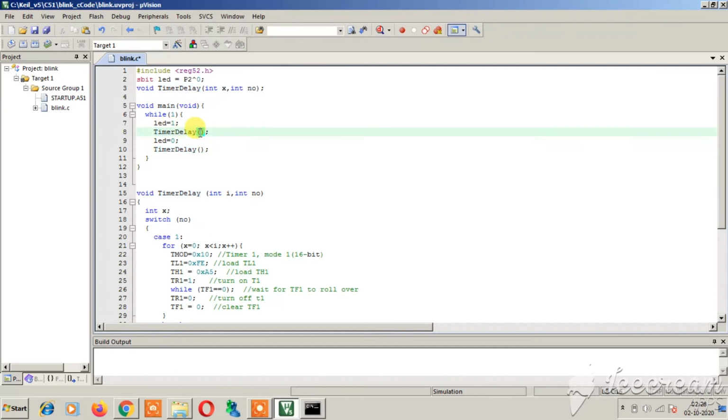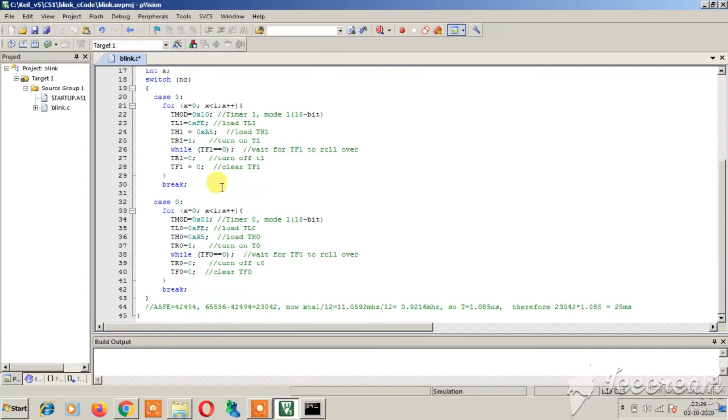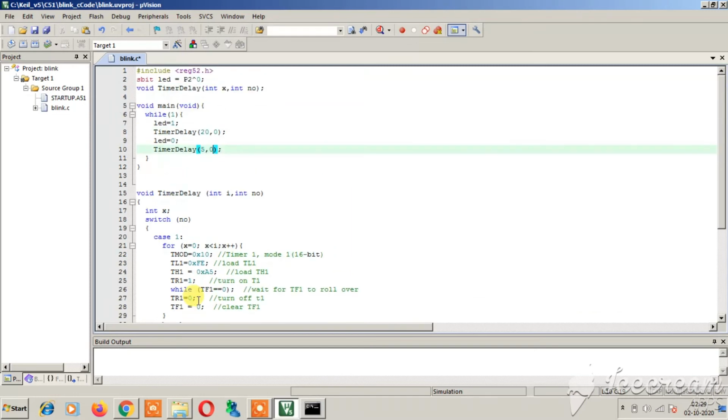So suppose I'm using timer 0 and, comma, I will run this loop for 20, so 20 times 25 milliseconds equal to 500 milliseconds, and here suppose 5 times, so 25 into 5 equal to 125 milliseconds, and again timer 0. You can use timer 1 as well, the effect will be the same, nothing different.